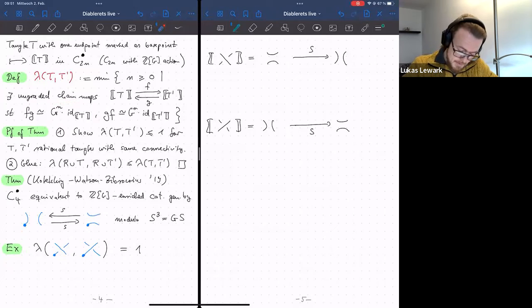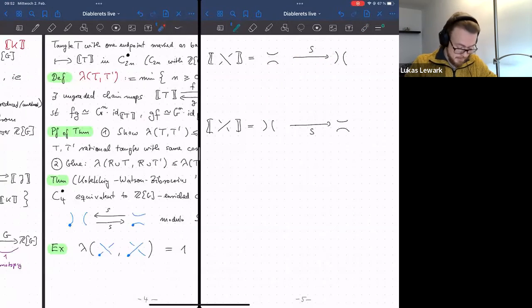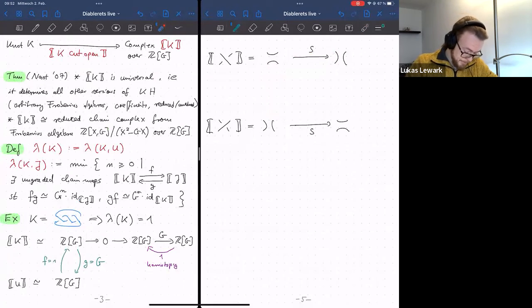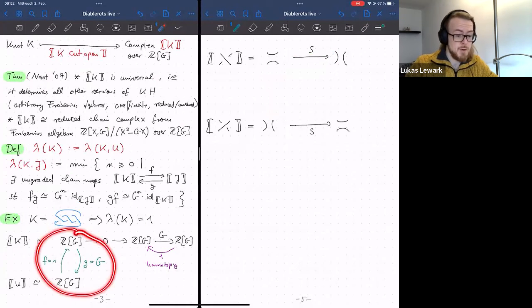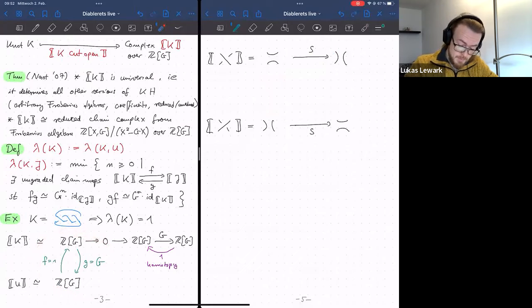For example, we could try to go from here to here with a saddle, but that's not a chain map because it doesn't compose to 0 with the differential. But remember that we only want ungraded chain maps. So that wasn't relevant if you think back to the trefoil. In the case of the trefoil, our chain maps were actually graded. Here in this example, they are not going to be.